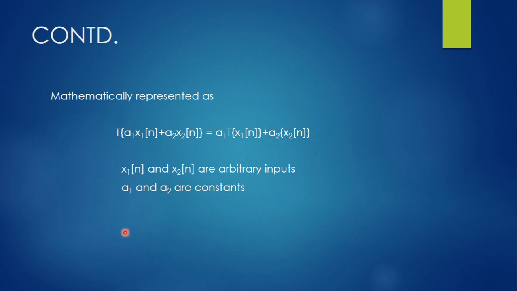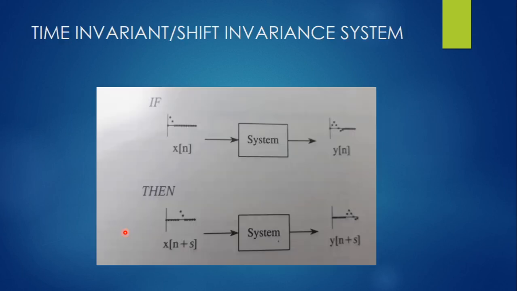If it does not follow any one of these properties, even then the system is nonlinear. If it is following homogeneity but not additivity, the system is nonlinear. If it is following additivity but not homogeneity, the system is nonlinear. So the next type of system is the time invariant system, or it is also called the shift invariant system.